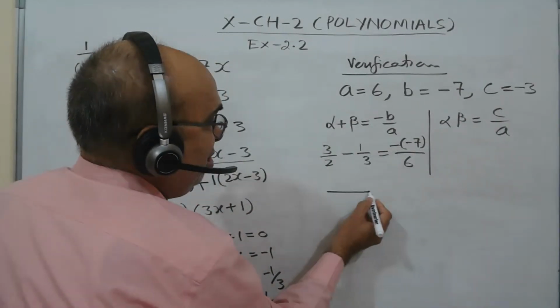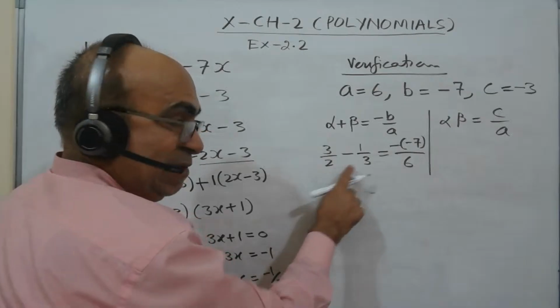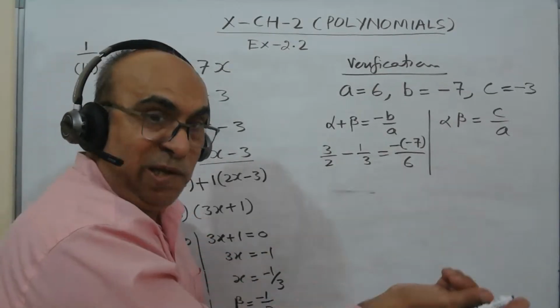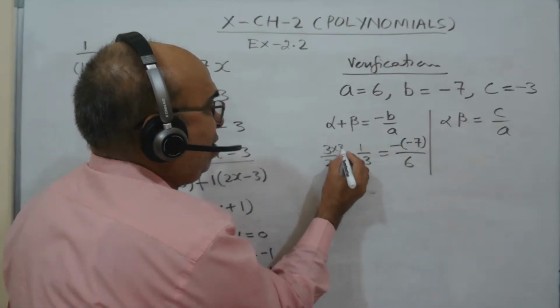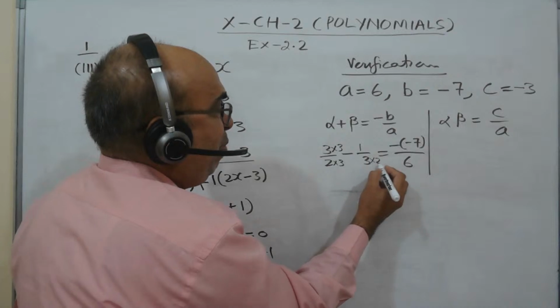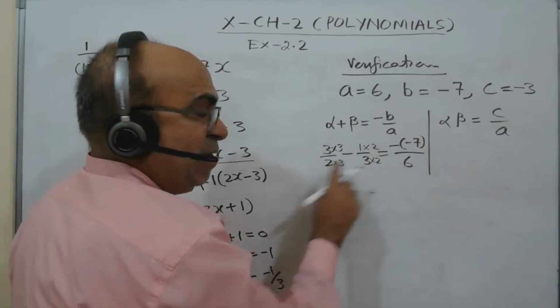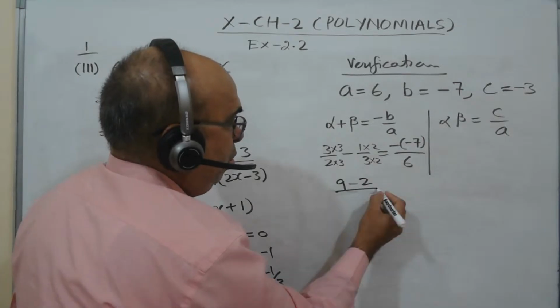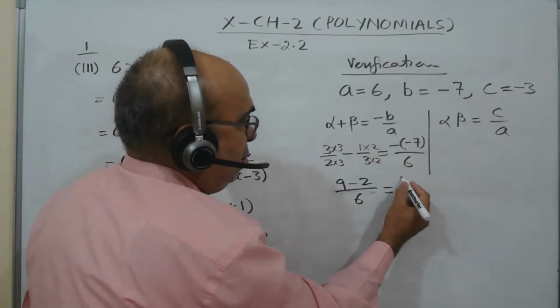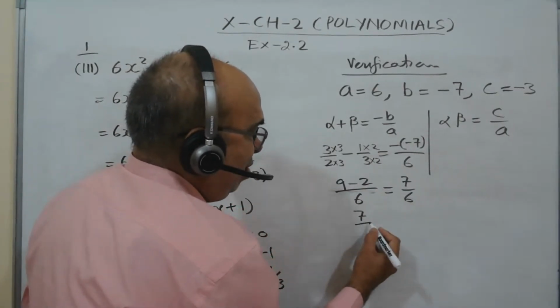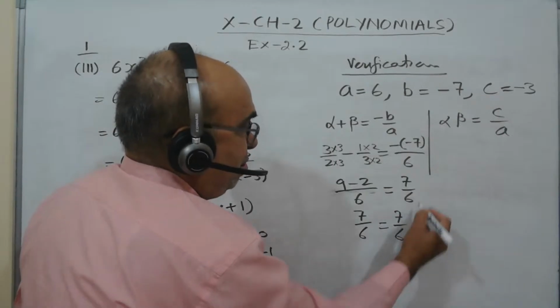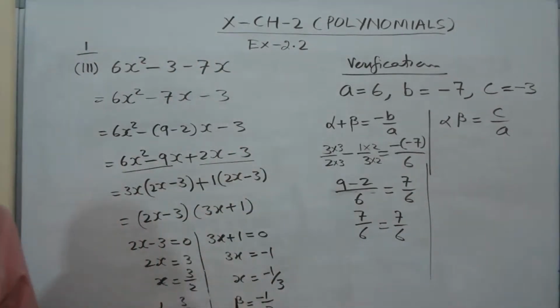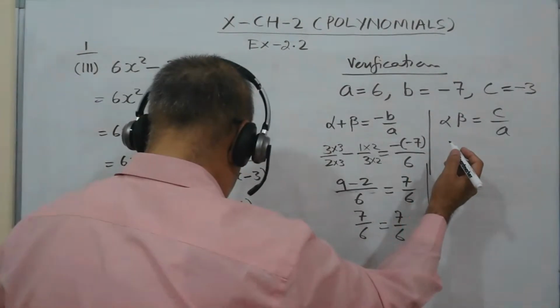Here the LCM is 6, or you make the denominators equal. So you multiply this by 3 and this by 2. Denominators are equal. 3 3s are 9, minus 2. 3 2s are 6. 7 by 6, and it is also 7 by 6. Sum of zeros verified.